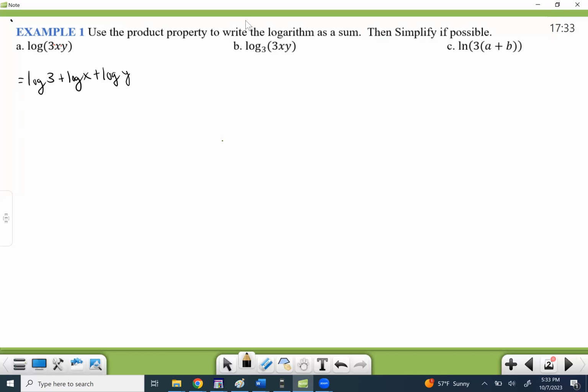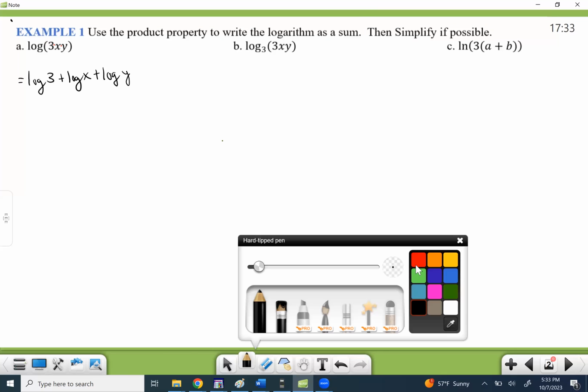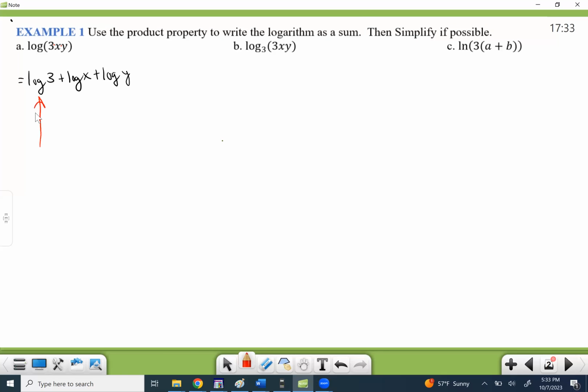Now it does say simplify if possible, so anytime there's a number, we have to ask ourselves if we're able to actually simplify it. The base here is really base 10, and what they mean by simplify is: will this give you a nice number, like a whole number or an integer value? To figure this out, we use the hook and say, 10 to what power equals 3?